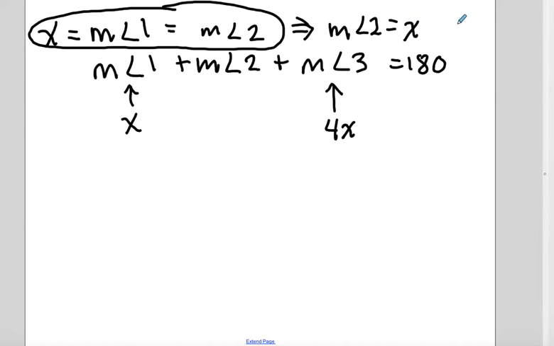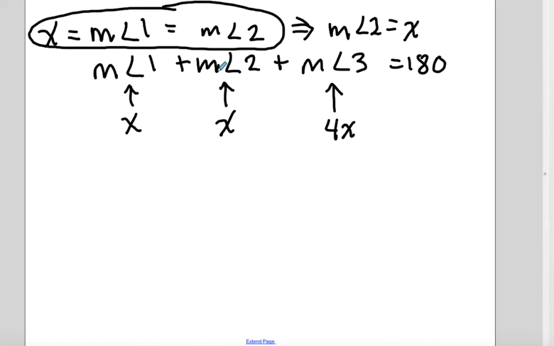What I've just done there is basically a simple form of the substitution method. I'm substituting x for the measure of angle 2 because I've been told that the measure of angle 1 and the measure of angle 2 are equal.